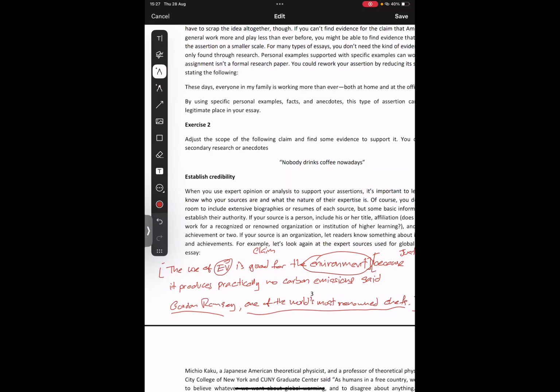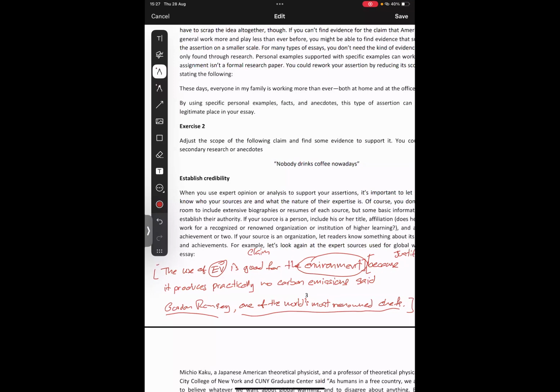Okay, so first, you might want to keep the reasoning. It produces practically no carbon emission. That is probably true, okay? But you have to change the source. So maybe in your Google Scholar, you can just write the statement, EV produces a lot less carbon emissions, okay?